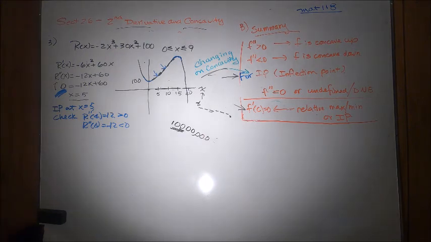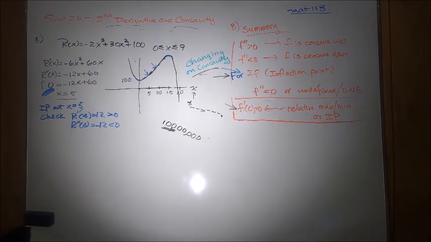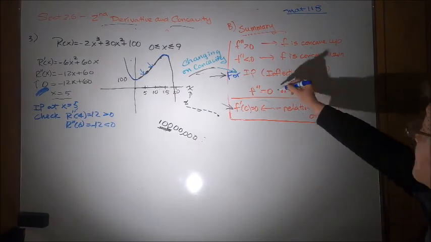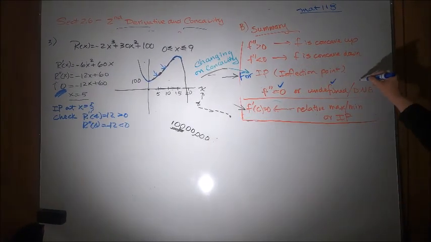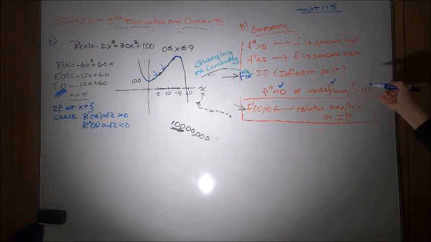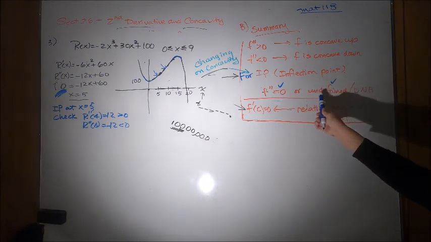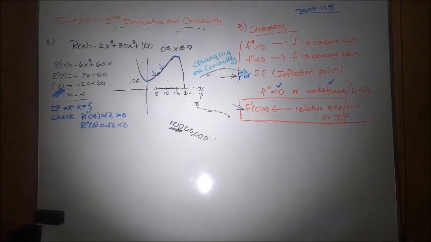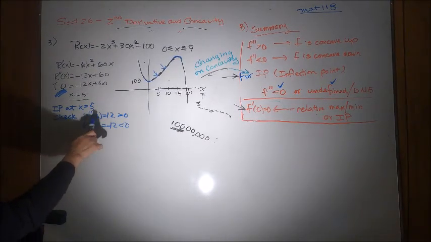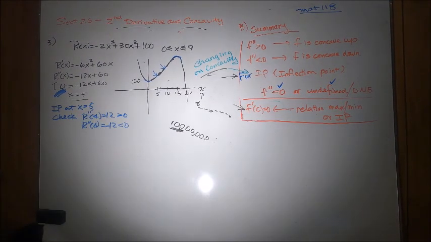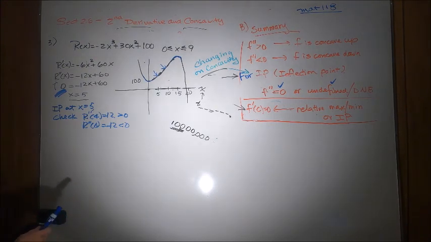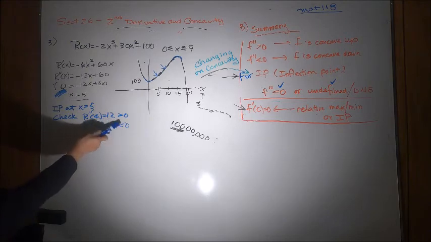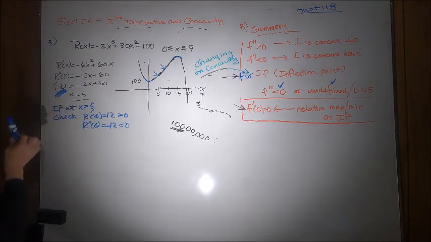Sometimes at an inflection point, you might have 0 or undefined or doesn't exist, right? How do we know which one to use? Then you check what happened before and what happened after. It might give you some hint to decide. So between a positive and a negative number, you must go through 0, right?